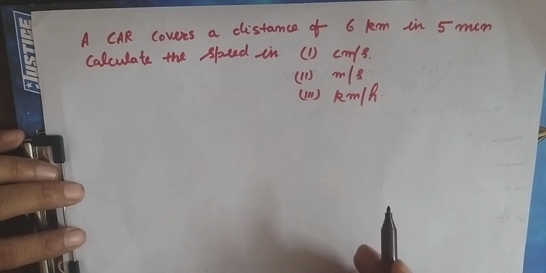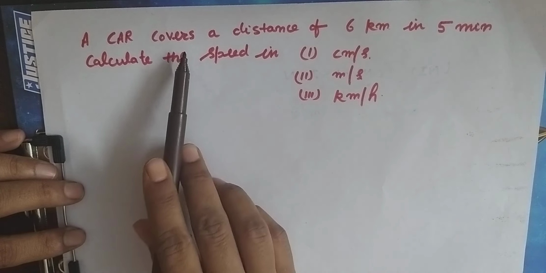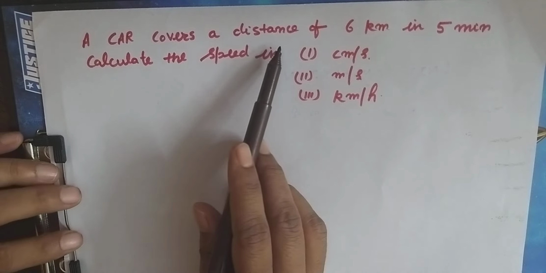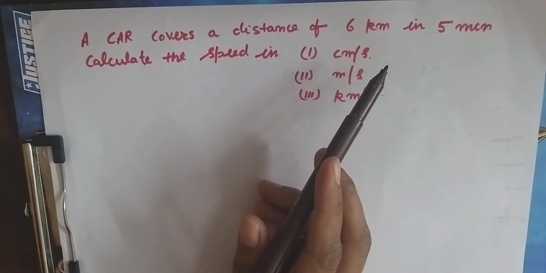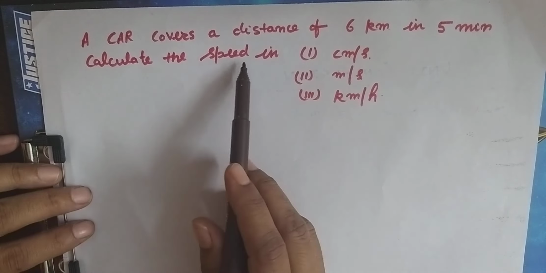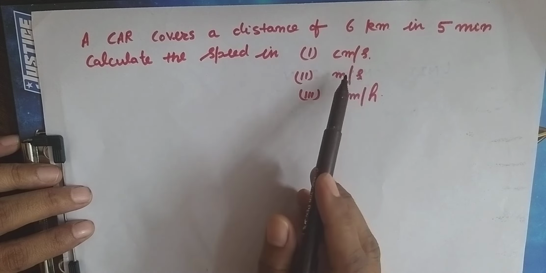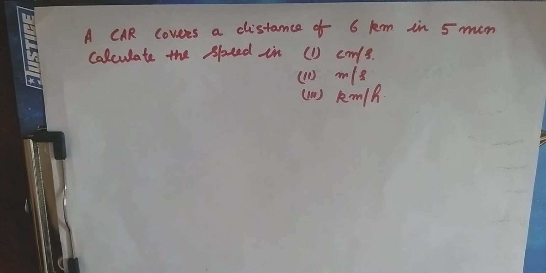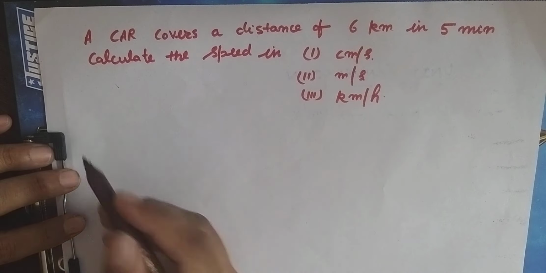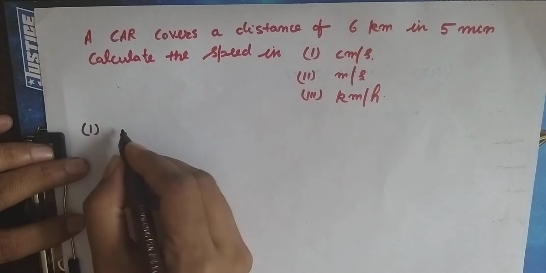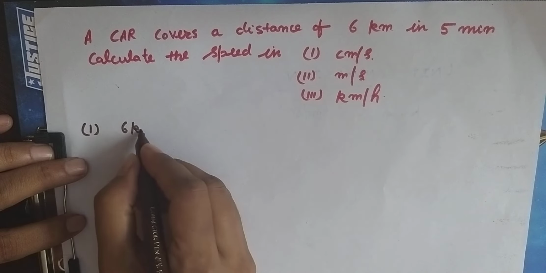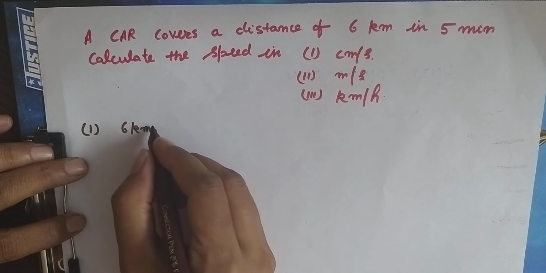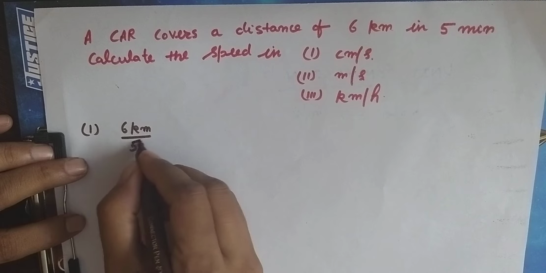Okay, let's take an example. A car covers a distance of 6 kilometer in 5 minutes, right? We have to calculate the speed in centimeter per second, in meter per second, and in kilometer per hour also, right? Let's do the first one. We know that speed is 6 kilometer divided by 5 minutes.